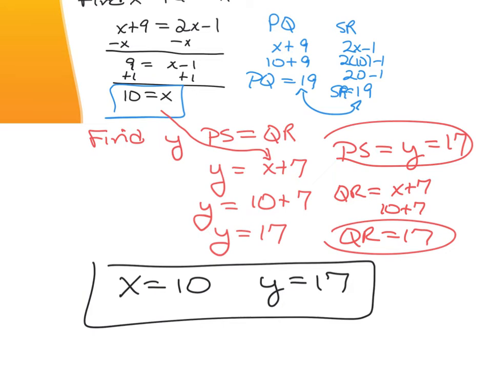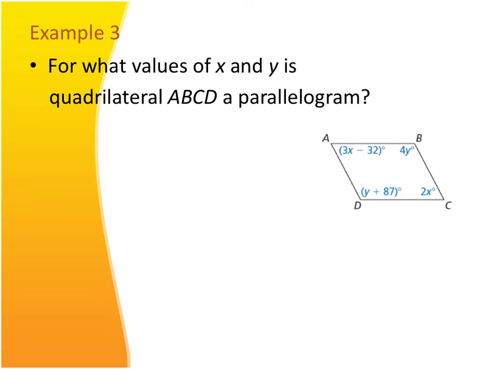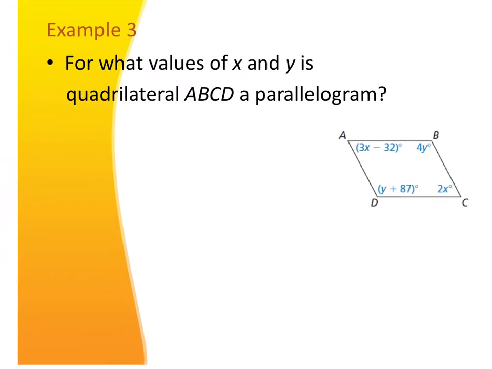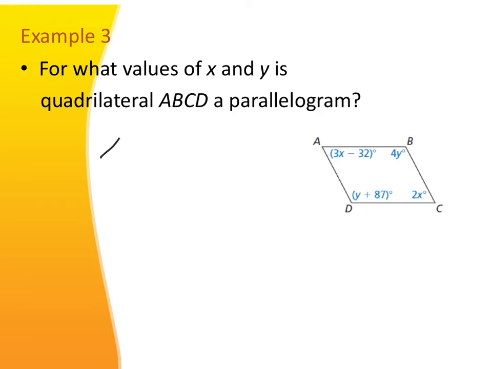Pretty good? Now we're going to do the same thing, but now we're going to deal with angles. Let's look at example 3. It's telling us that we need to find again what values for x and y make this quadrilateral a parallelogram. So again, if it were to ask you to explain what you're using, we're going to be using the parallelogram opposite angles converse.